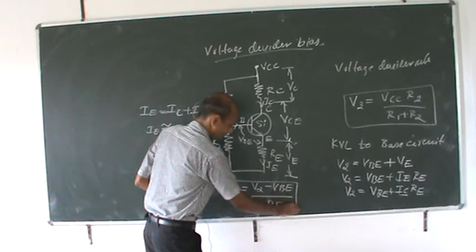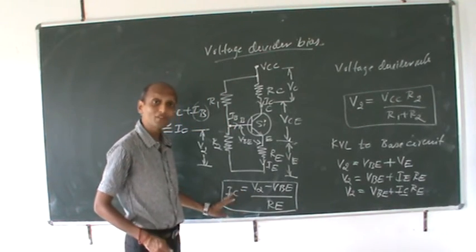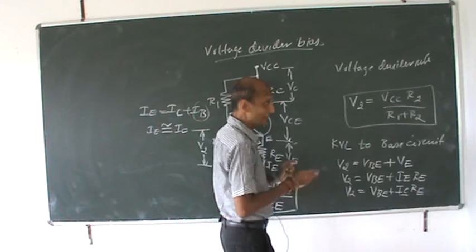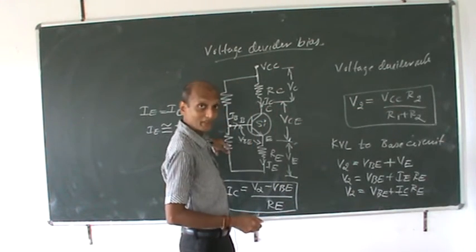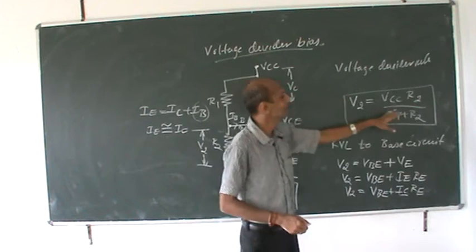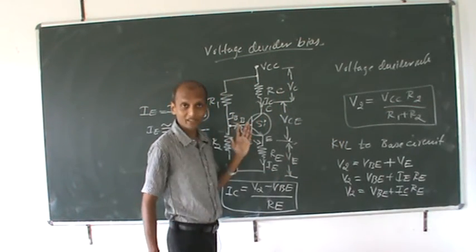So this is one of the important formulas we have to remember. If I know the resistances R1, R2 and VCC, I can find the voltage drop across R2 by the voltage divider rule.